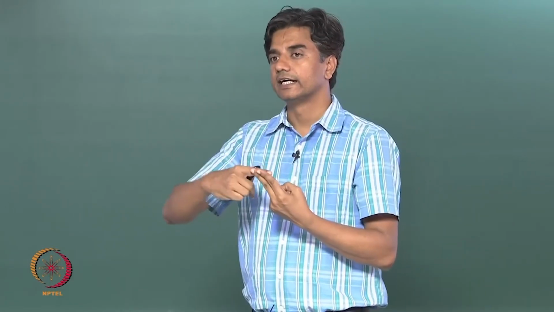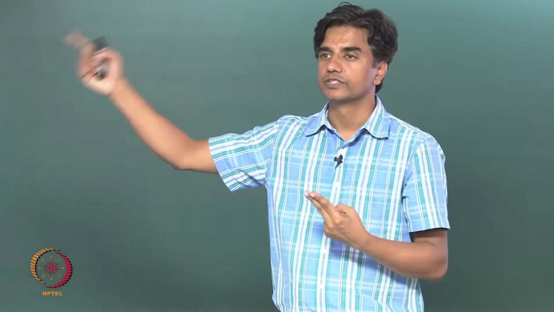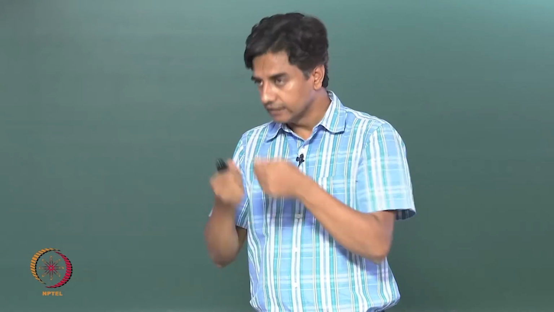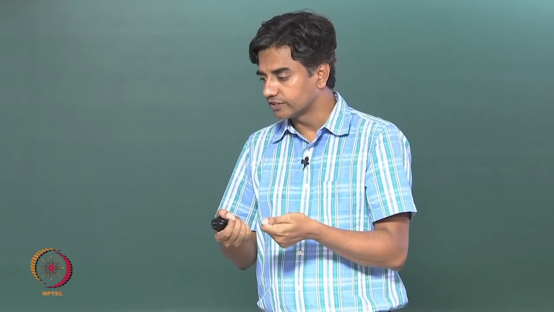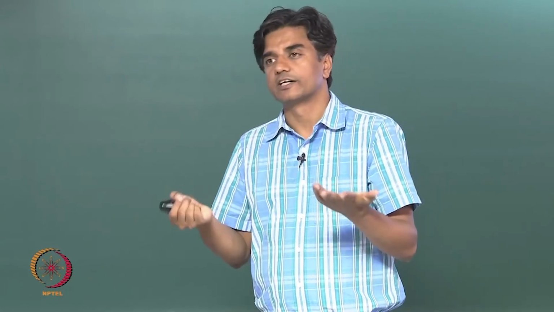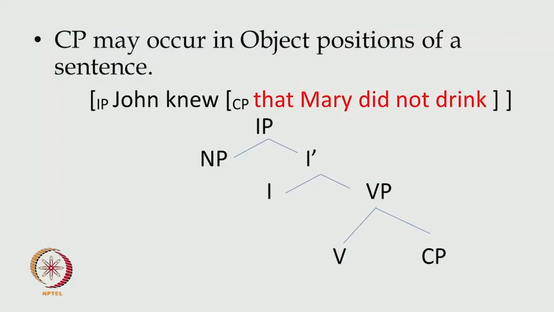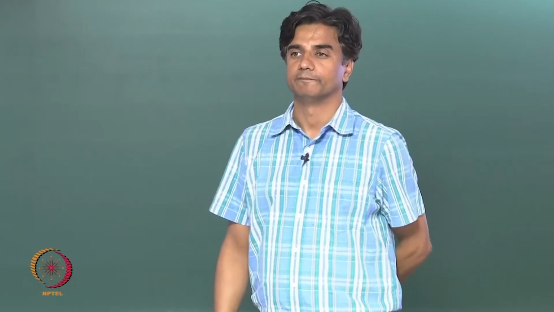One is demonstrative pronoun, when we say that boy, that house, that computer. All right? That, in those phrases, is a demonstrative pronoun which has a demonstrative function. In this kind of an example, it has a complementizer function, and the moment it becomes anything other than demonstrative, it doesn't have any meaning.